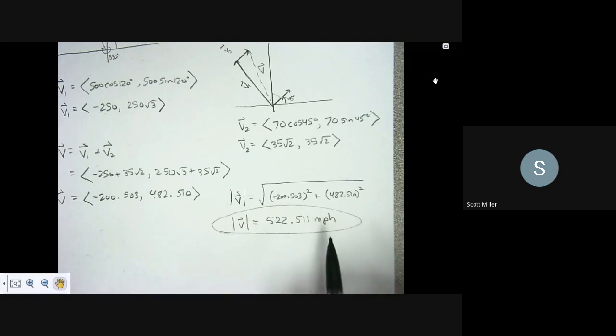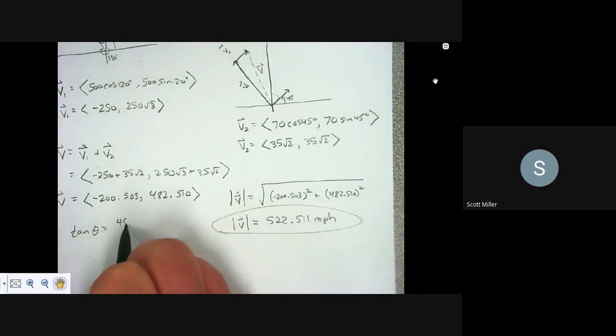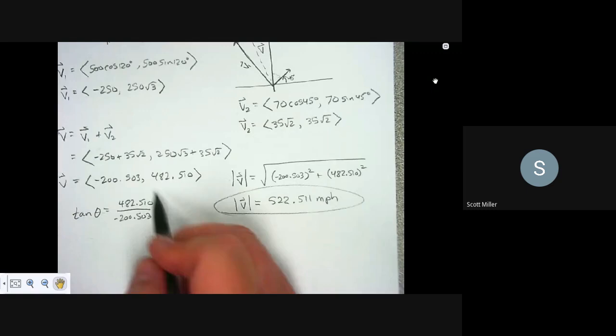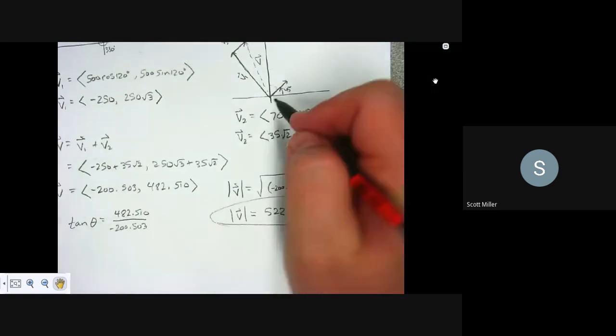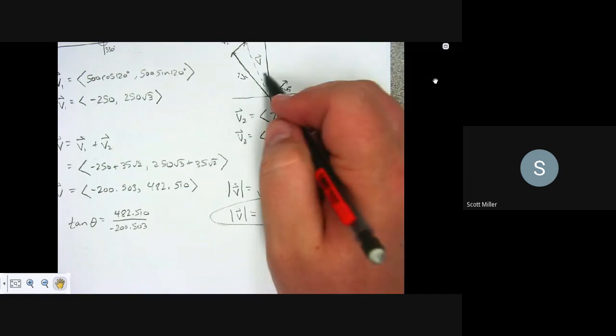Okay? The same thing again, we're going to do the tangent, which is b over a. Doing the inverse tangent of this one, this is a negative value. So it's going to give me an angle in quadrant 4. Remember, by definition, we want our angle to be going in the opposite direction.